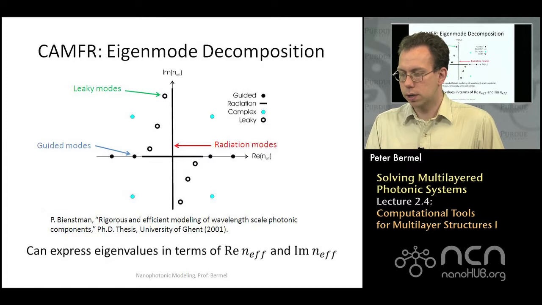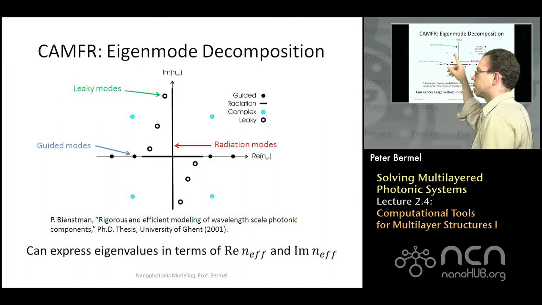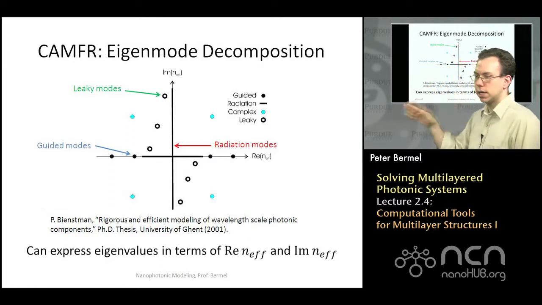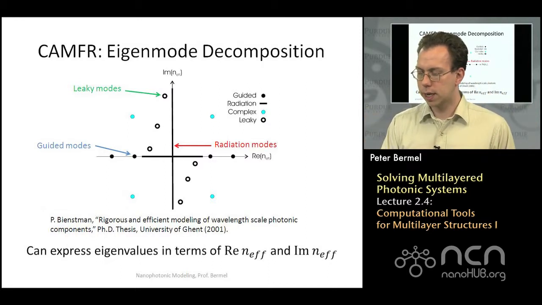And now in the other direction, we could also write that we have radiation modes, which are represented as the line along the imaginary refractive index. And so these are purely decaying modes. They decay over space and will leak out of the structure. But you can see that modes that are both propagating and decaying at the same time are what we formally refer to as the leaky modes of the system.